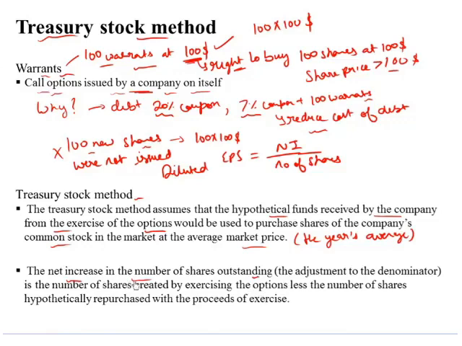So this net increase is the number of shares created by exercising the options minus the number of shares hypothetically repurchased with the proceeds of the exercise. We'll understand it better with an example in the next slide.